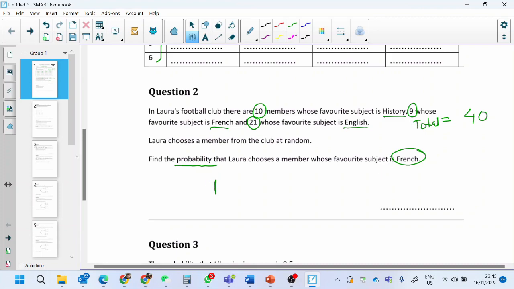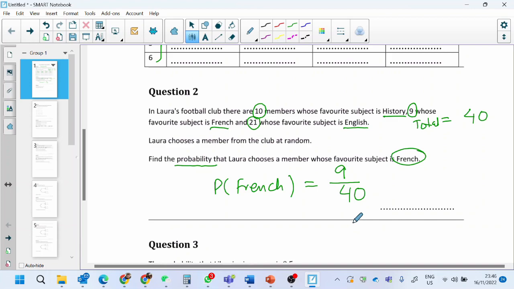So the probability of French will be the number of people whose favorite subject is French, which is nine, out of the total 40. So 9 out of 40 is the probability of choosing a person who likes French when chosen at random.